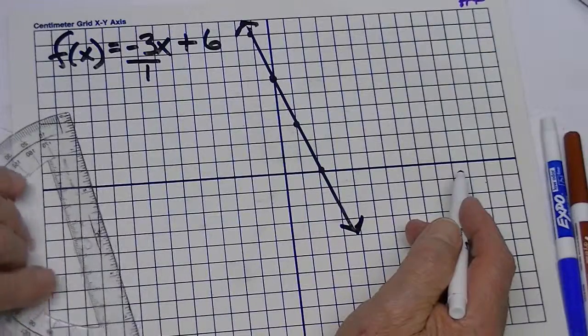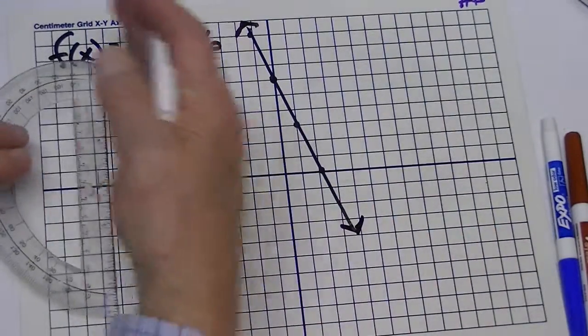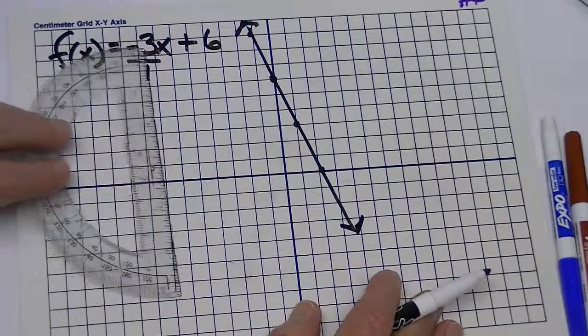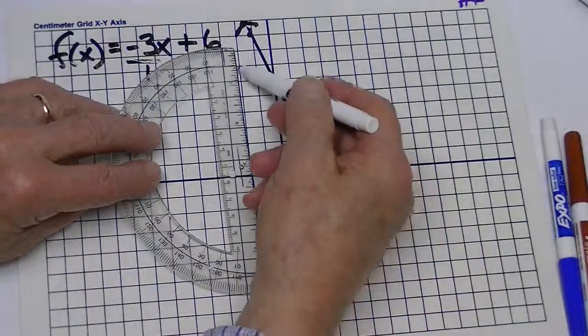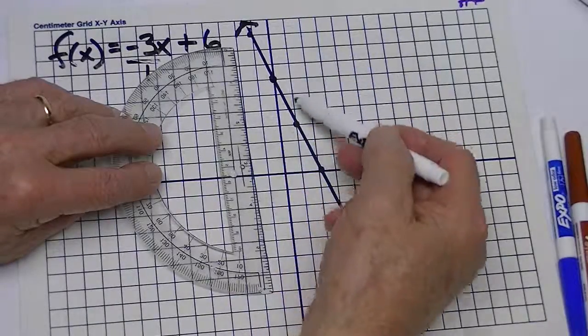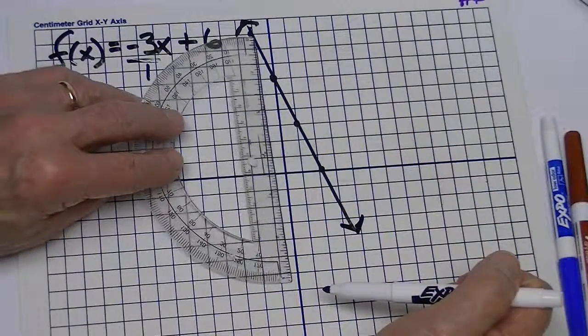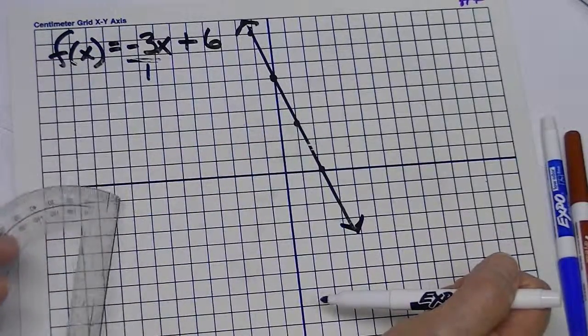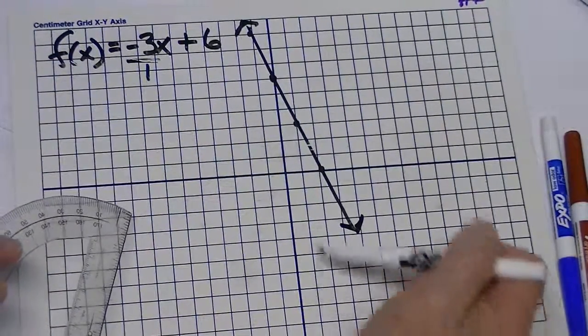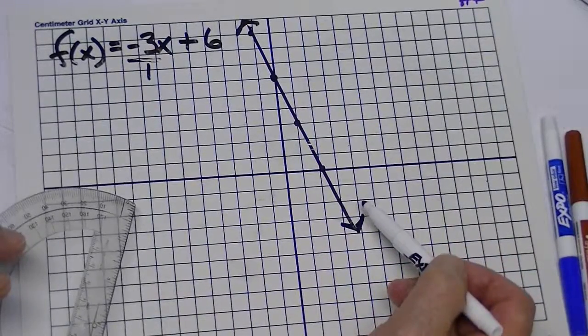Now, the vertical line test is an imaginary vertical line that moves across the graph this way. Does this imaginary line intersect this graph in more than one place as it passes across the face of it? And it doesn't. So this is a function.